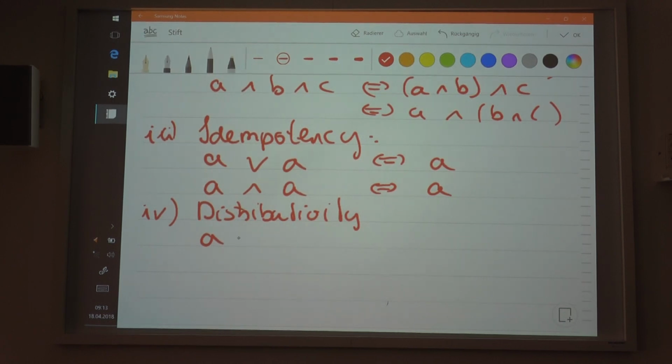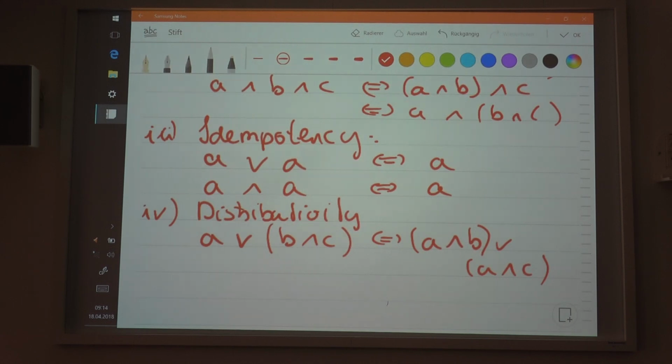A or (B and C) is the same thing as, and you can apply this, you remember this from number theory: A times (B plus C) equals A times B plus A times C, and here you're going to have the same thing, analogously. So you have (A and B) or (A and C). This is how it applies.